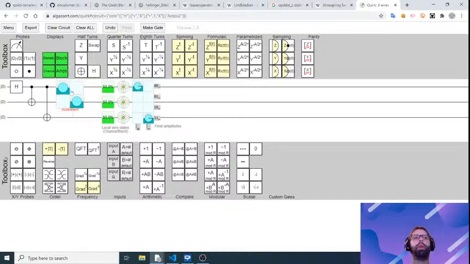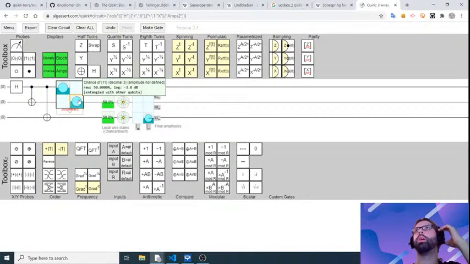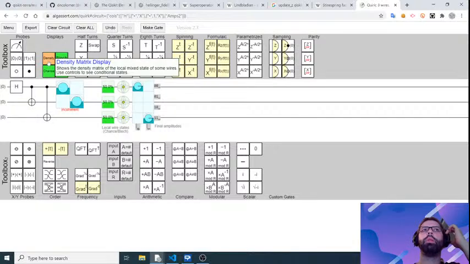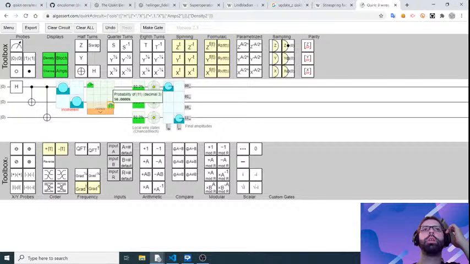I cannot measure this, something that Quirk tells me is incoherent, but I can put a density matrix in here.